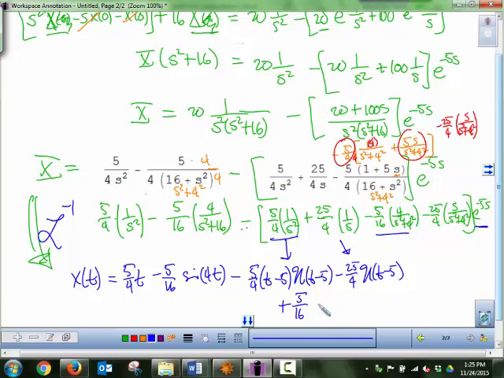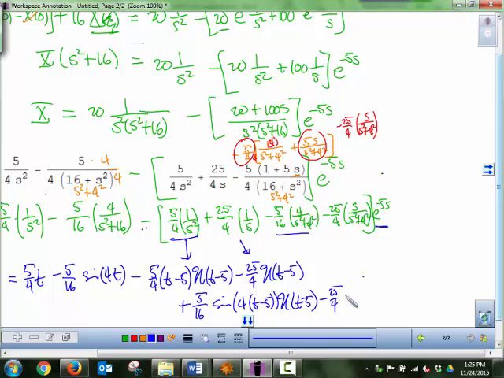This is, again, the sine function, 4 times t. Now, instead of t, there's a shift involved, so we'll have to do a t minus 5 with the unit step function. And then the last one is 25 over 4 with the cosine 4 times t, and then the t is shifted with a unit step function.